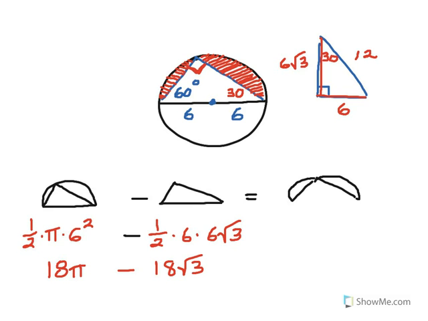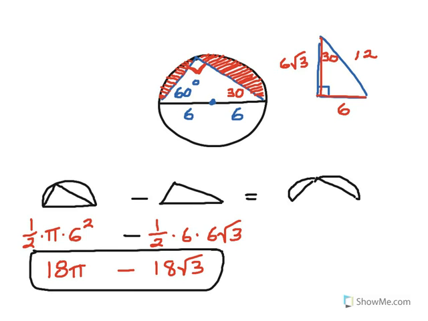So that would be an expression, because those are not like terms, so the expression 18 pi minus 18√3 represents the total area of the red region, and of course that's area, so that would be in square units. And that's it for sector areas and arc lengths of circles.